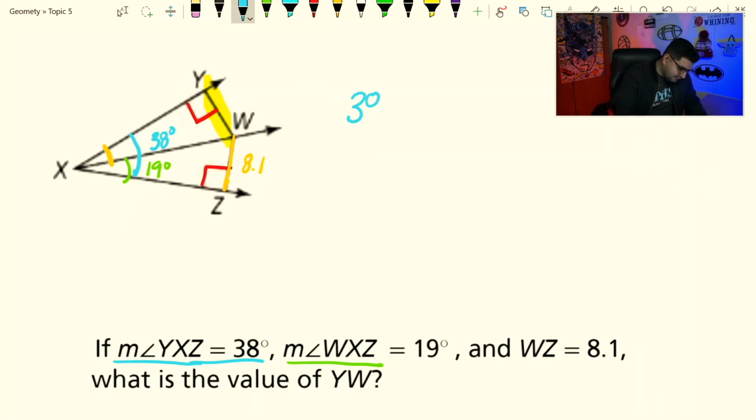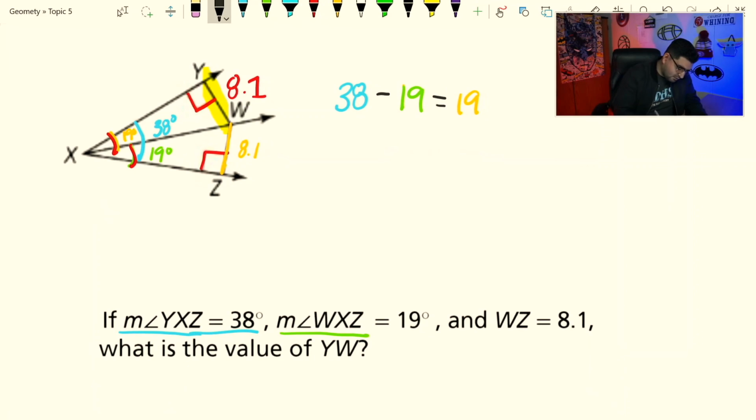I can do 38 minus 19, and it should give me that orange angle, which in fact ends up becoming 19 degrees. Which means that these two angles are congruent, which by the angle bisector theorem for triangles means that this also has to be 8.1, which answers the question, YW has to be 8.1.